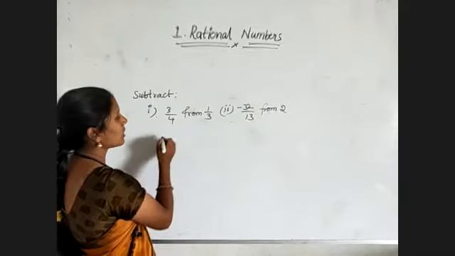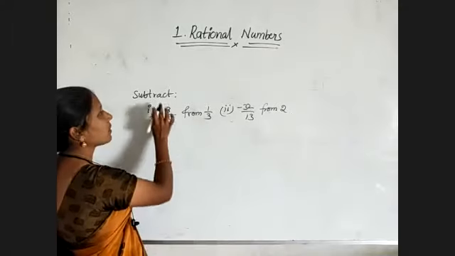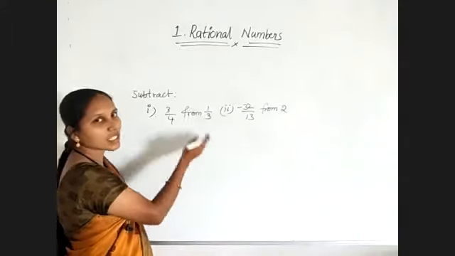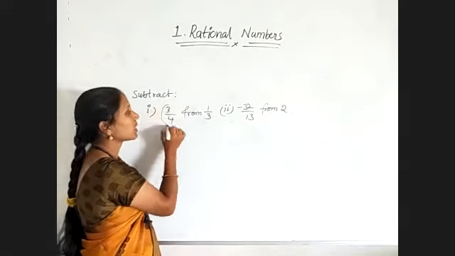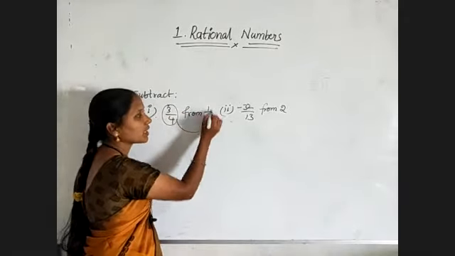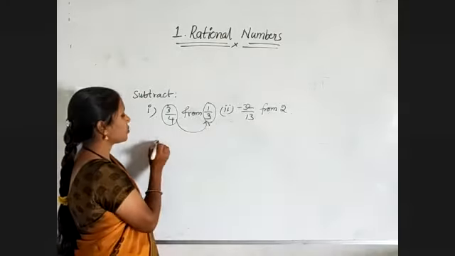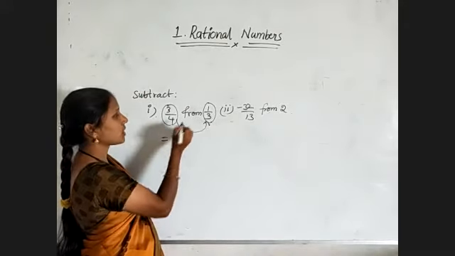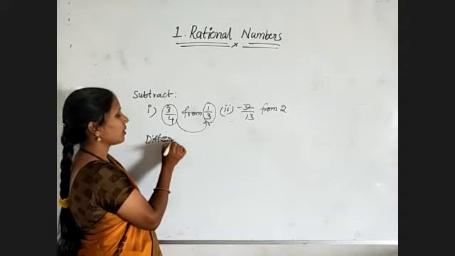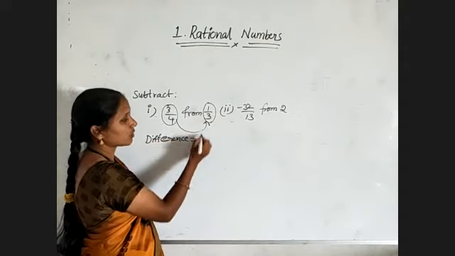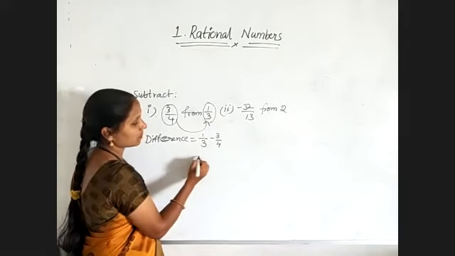And coming to this one, 3/4 from 1/3. See, whenever we are taking the subtraction, the number from which we need to subtract, that number we need to take first. We have to subtract 3/4 from 1/3. That means we need to take this number as first. So the required difference is equal to 1/3 minus 3/4.